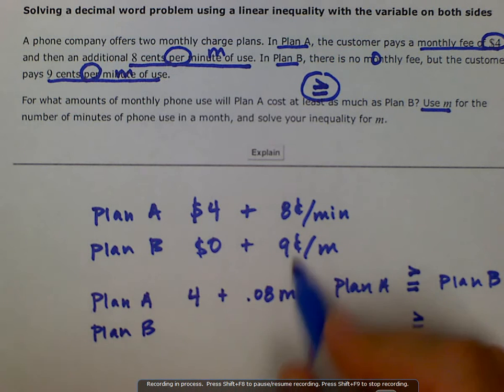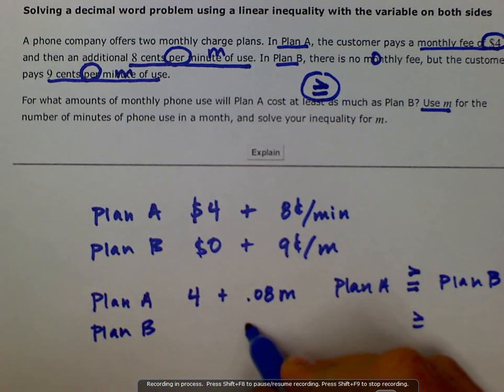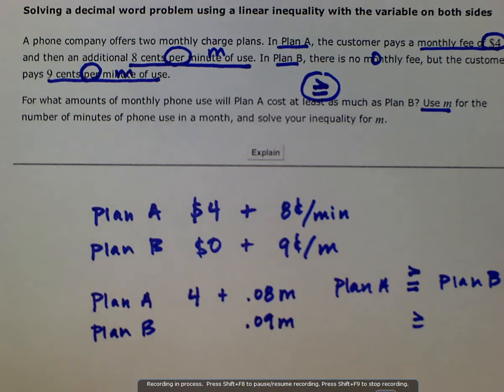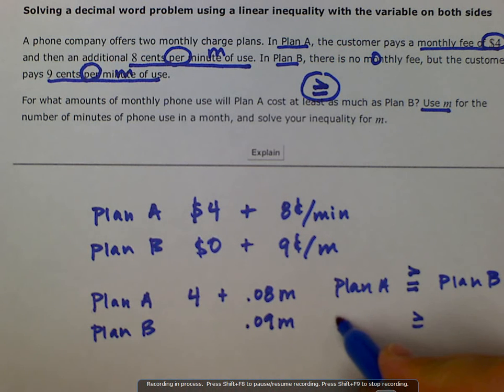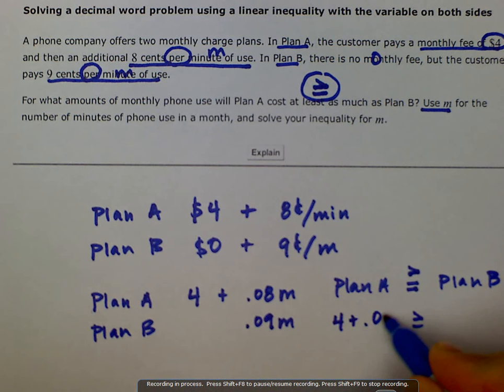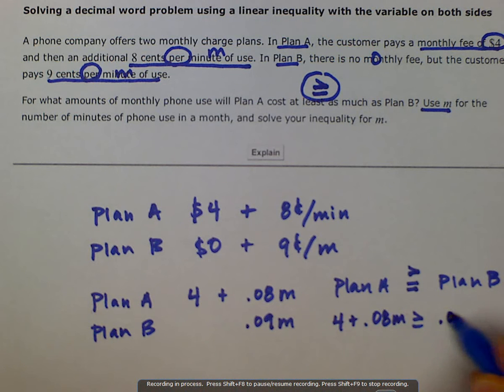However, it's going to be 9 cents or $0.09 per minute. So if we set these into this inequality, we've got 4 plus 0.08 M should be greater than or equal to 0.09 M, which is Plan B.